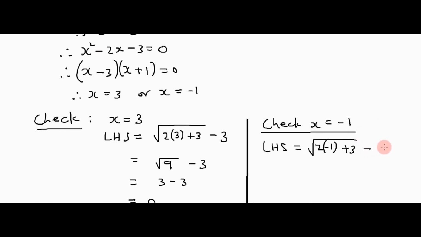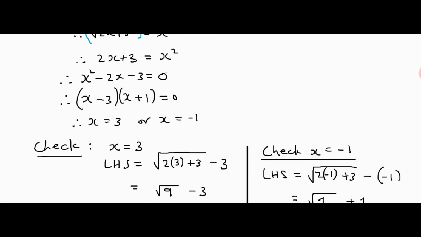So it's going to be minus negative 1. In this case, we get the square root of negative 2 plus 3, which is the square root of 1. And here we're going to get minus, a minus times a minus is a plus, so we get plus 1. The square root of 1 is 1, plus 1 is 2.